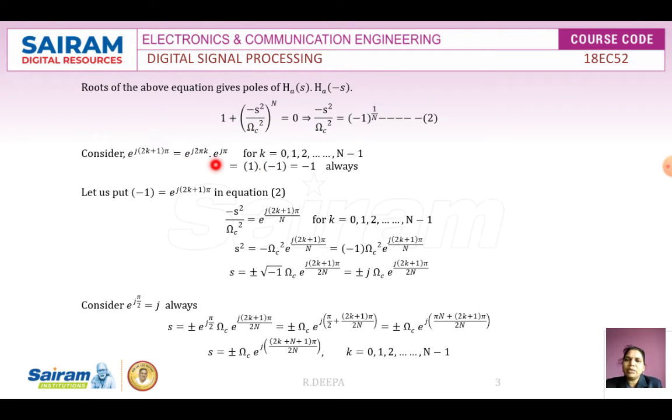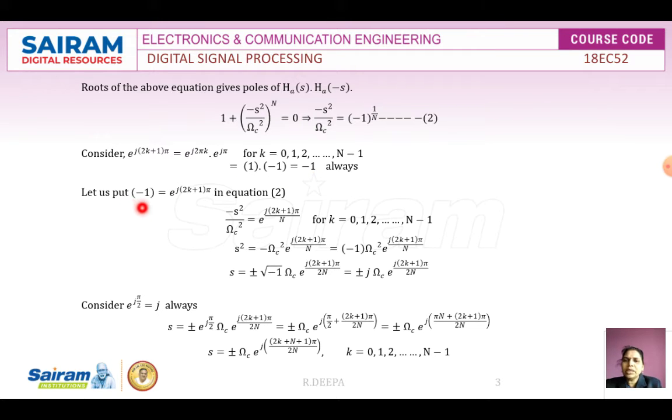Whereas the value of e power of jπ is cos π plus j sin π. So cos π is minus 1, sin π becomes 0. So e power of jπ is minus 1. So minus 1 into plus 1 is minus 1 always for any value of k.